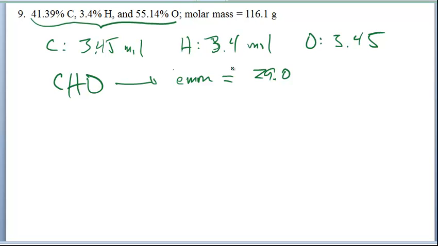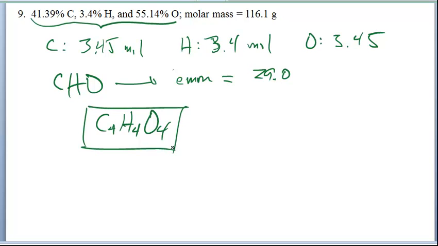What's the ratio here? I think you'll find that the ratio is 4, and so therefore the molecular formula is C4H4O4, and that is the molecular formula given these data.